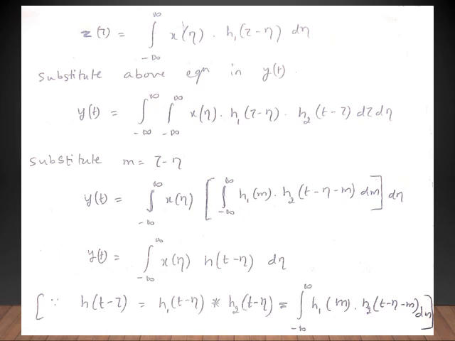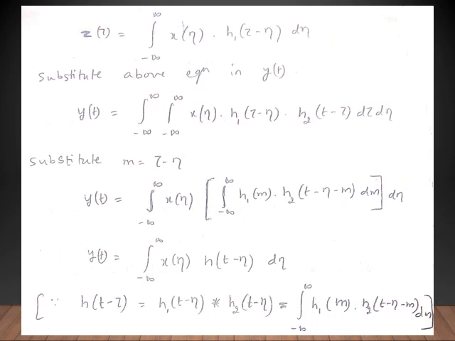One is with respect to tau and the other is with respect to eta. So x of eta into h1 of tau minus eta d eta, and the first equation, h2 of t minus tau d tau, also exists in the equation.